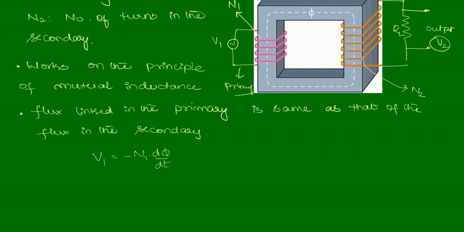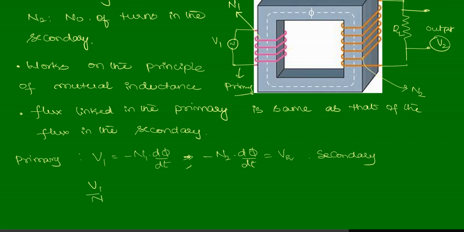This is the primary voltage. And this will be equal to minus N2 into d phi by dt, that is V2, our secondary voltage. From these two, we can say V1 by N1 will be equal to V2 by N2, or V1 by V2 will be equal to N1 by N2.